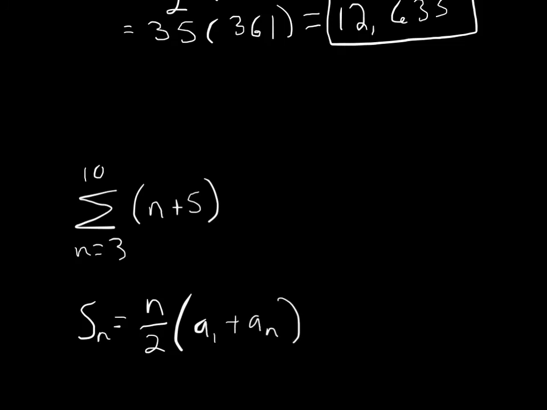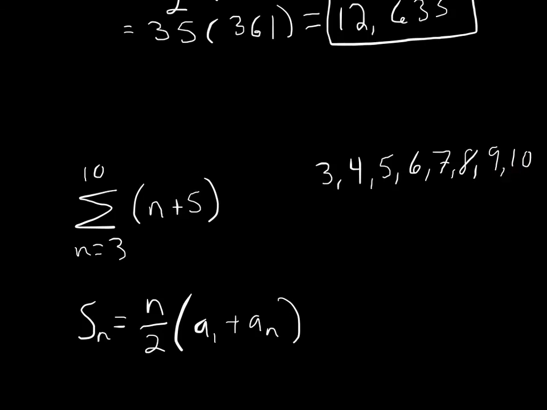Now, you guys are going to be quick to say that n is 7. But let's look at this. If we start off at 3, we'd go to 4, 5, 6, 7, 8, 9, and 10. So we'd go from the lower limit to the upper limit, counting each of the integers. But now let's count how many terms there are. There's 1, 2, 3, 4, 5, 6, 7, 8.